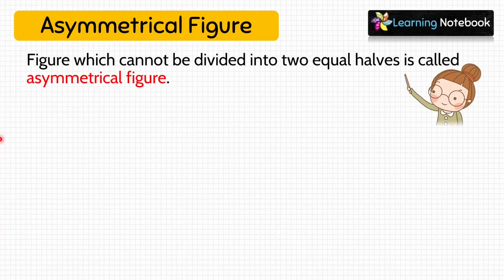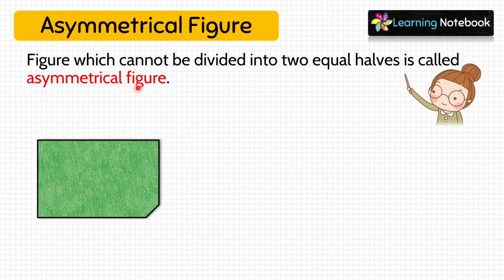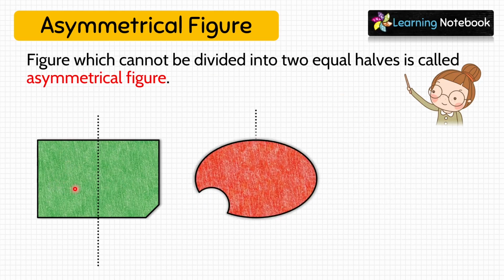And now what is asymmetrical figure? Figure which cannot be divided into two equal halves is called asymmetrical figure. For example, this figure. It cannot be divided into two equal halves, right? Then, this figure also.